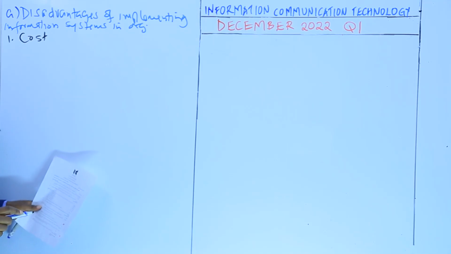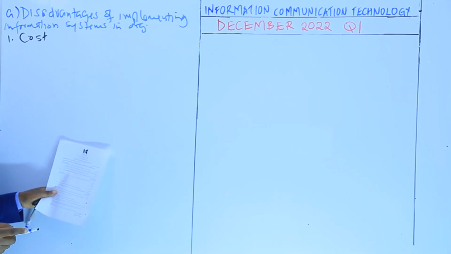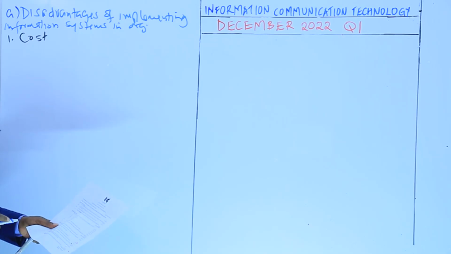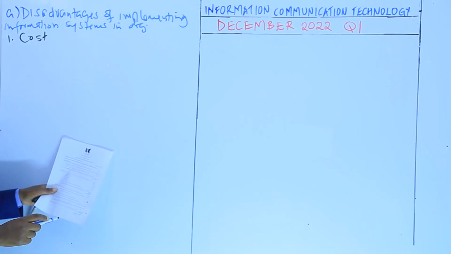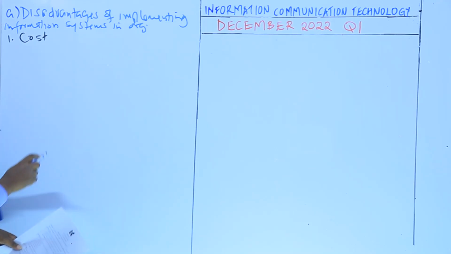Implementing information systems can be expensive, involving costs for software, hardware, infrastructure, training, and maintenance. So organizations may need to allocate significant financial resources to acquire and maintain the necessary technology, which can be a strain on the budget of an organization.